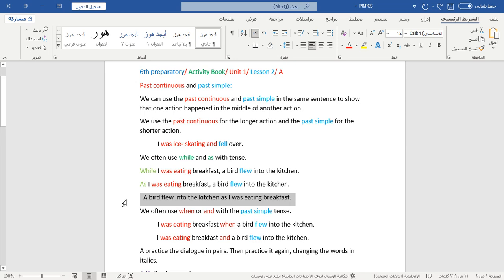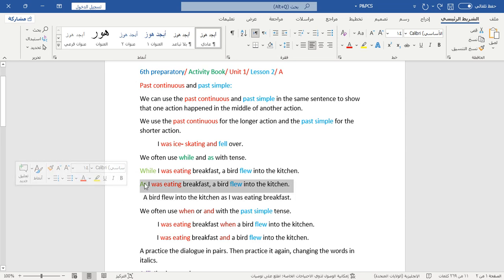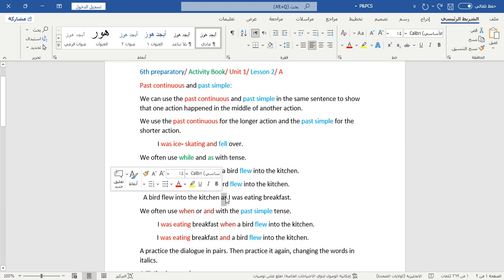In the first one, as is at the beginning of the sentence and followed by the continuous tense, was eating. In the other sentence, as is in the middle of the sentence, and it's also followed by the past continuous tense. Both of them are right.